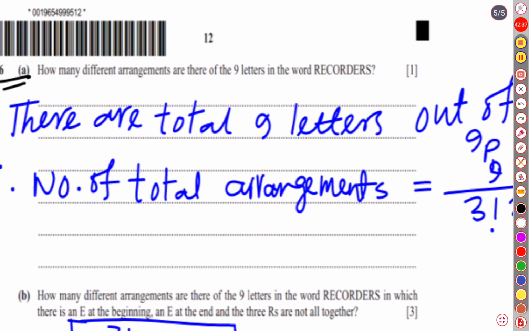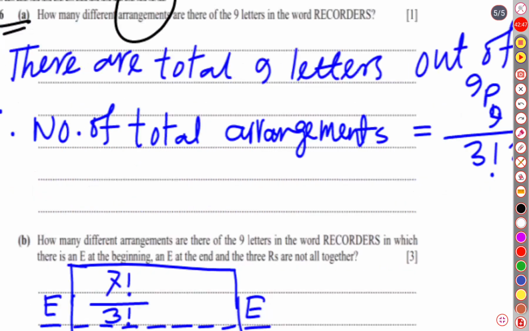The question says how many different arrangements. So our keyword is arrangements, meaning permutation, are there of the 9 letters in the word RECORDERS. So one piece of information we have already been given is that there are 9 letters. So 9 letters can be rearranged in 9 factorial ways or 9P9, but there are some hidden concepts inside this.